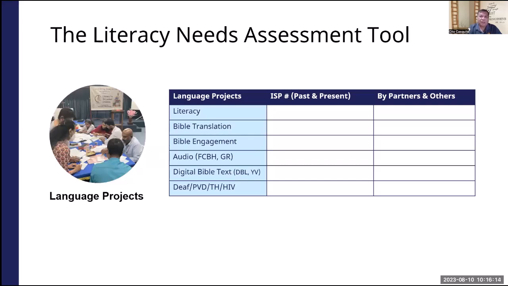The information we can get here can either be from the partner organization or other organizations that are doing these interventions in different domains in the language, as well as past and present projects from Bible societies. ISP number refers to the International Support Program for Bible societies. So they have a particular number for their past or present projects.